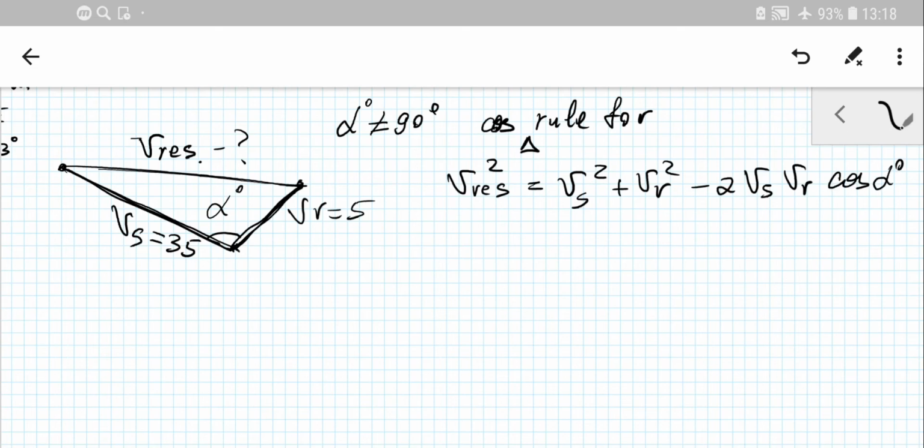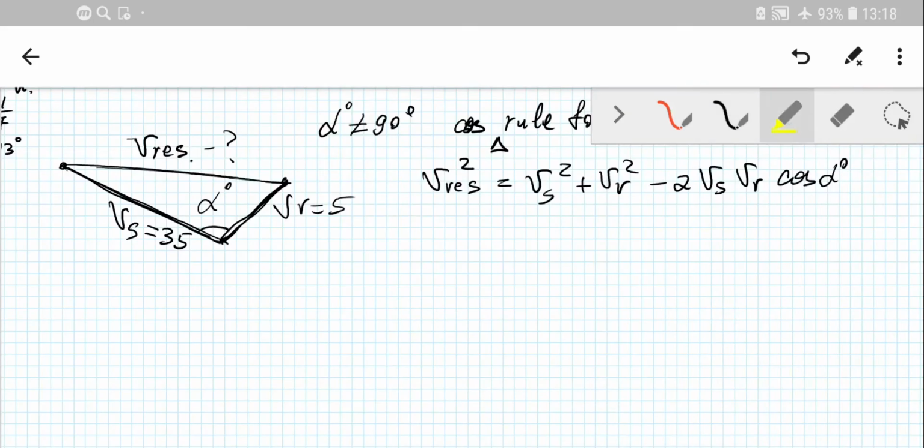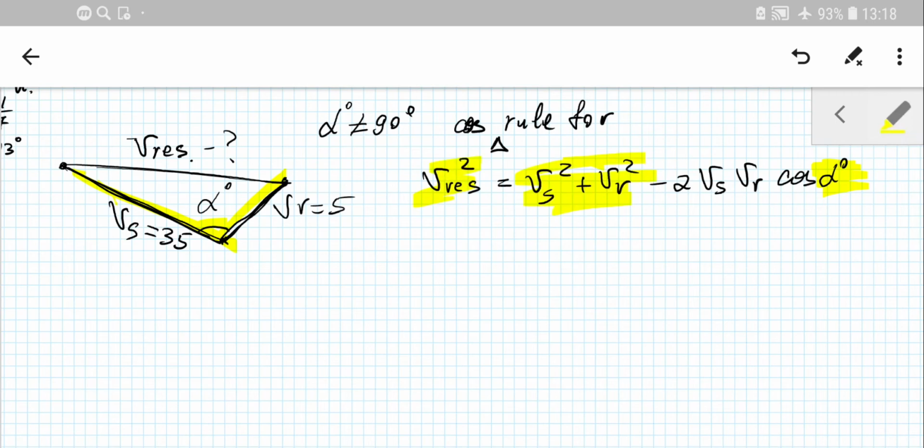That's why this rule is called the cos rule. The angle should be between those sides, so here and here, that's your angle. Look guys, that's almost Pythagoras, but with an adjustment: the double product, also multiplied by cos alpha, the angle between them.